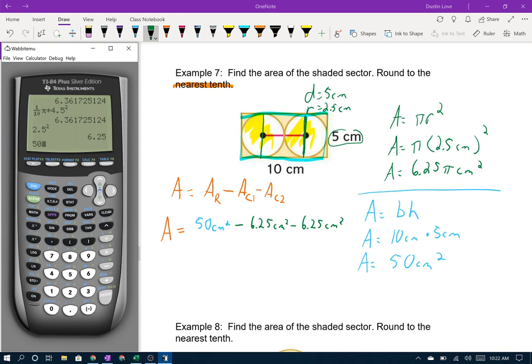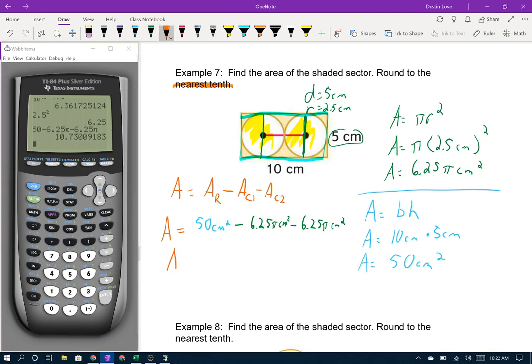Let me back up a little bit. 50 minus 6.25 pi minus 6.25 pi.